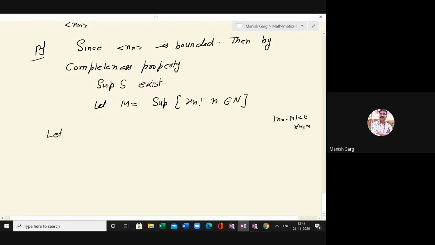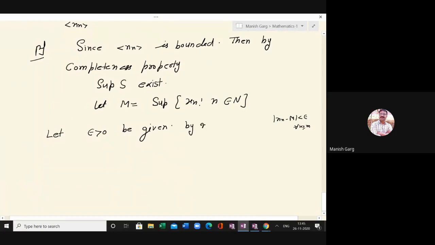Now let epsilon greater than 0 be given. This is given, and M is the supremum.